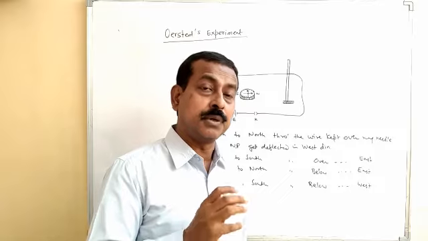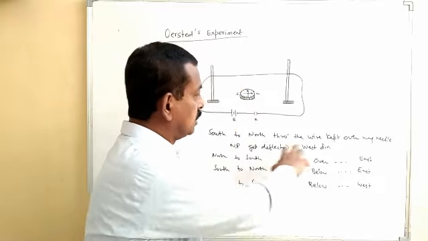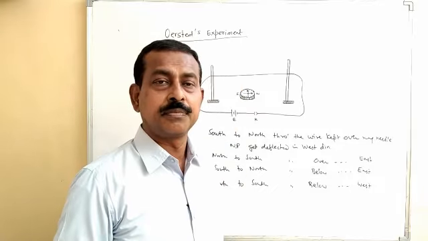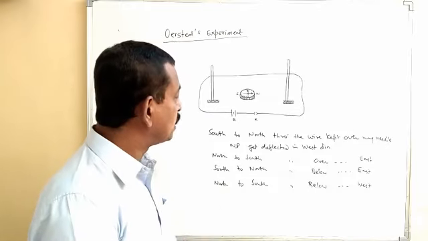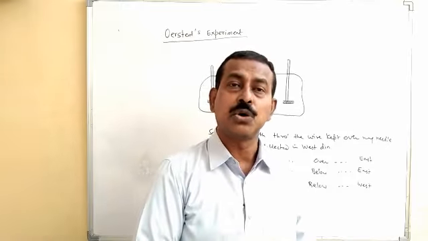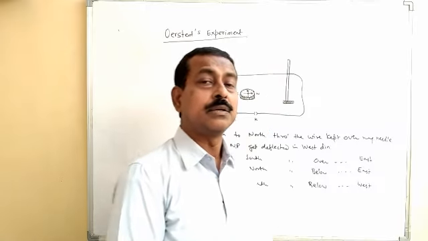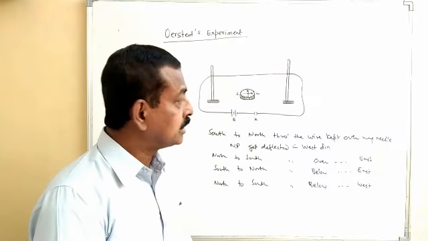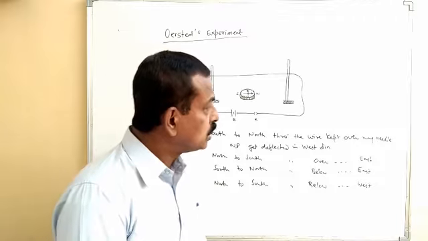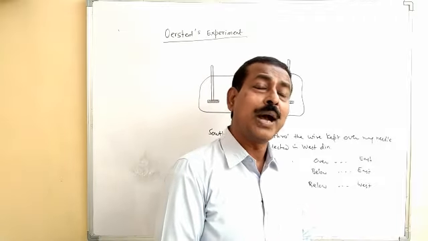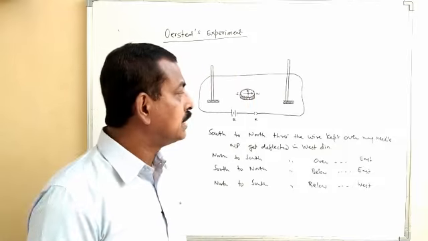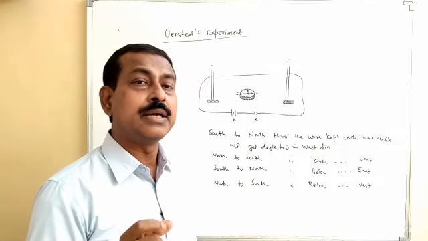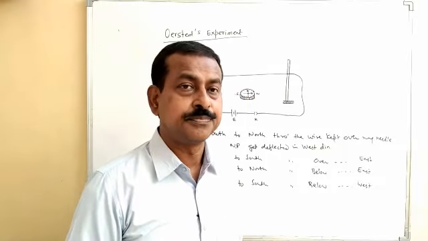If you want to remember this direction, sometimes you may get questions that if the current is passed through the wire from south to north direction and magnetic needle is kept below the wire, or wire is kept below the needle, in that case in which direction the needle will show deflection.